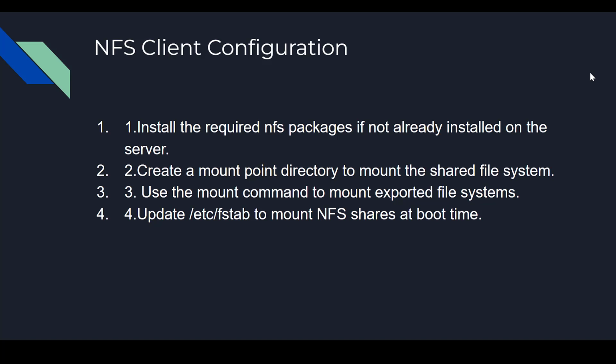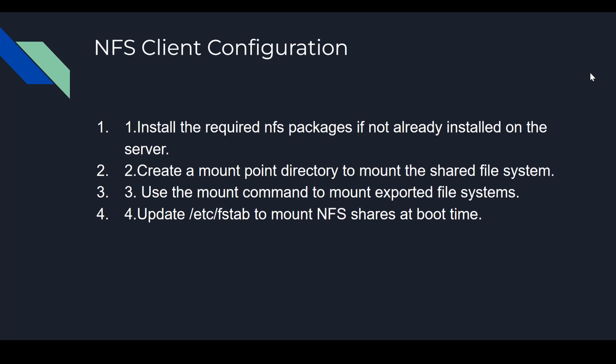Once we have completed all these things on the NFS server, we have to make some configuration on the client side. We have to install the required package, nfs-utils, just like on the server, and create a mount point directory where we will mount the shared file system. After creating the mount point, we use the mount command to mount the exported file system.